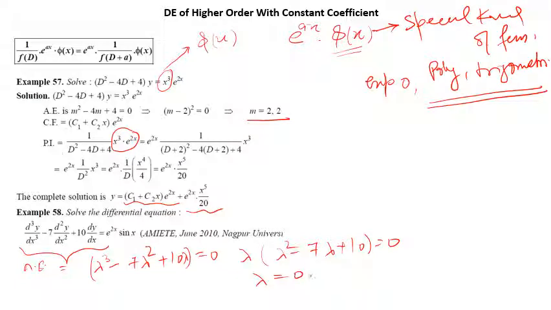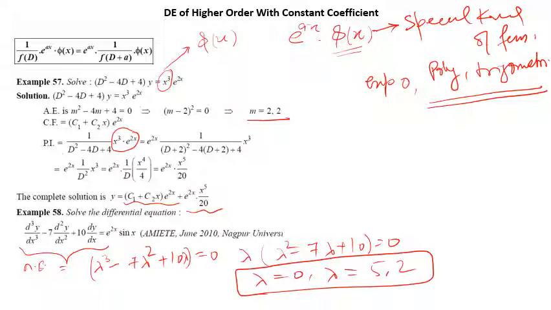Lambda is equal to 0 and lambda equal to 5 and 2. And CF corresponding to these roots can be written as CF is equal to C1 e to the power 0x plus C2 e to the power 5x plus C3 e to the power 2x, right?